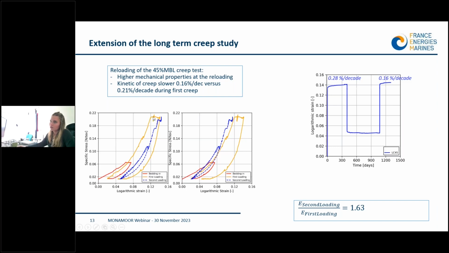The yellow line is for the first creep loading, and the blue line is the second one. Then I propose a shift for you to see that during the second loading, we have a subgroup that is a bit more stiff, a bit less than 2 times more stiff. And an investigation that we performed showed us that it was mainly due to the constriction at the strand scale of the subgroup.